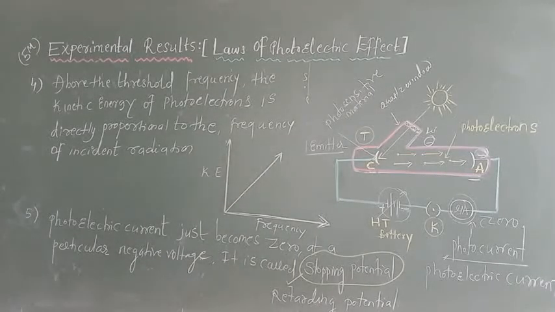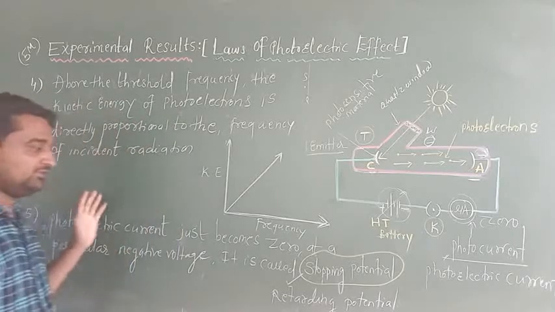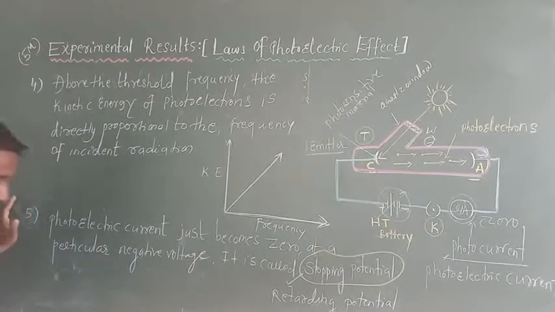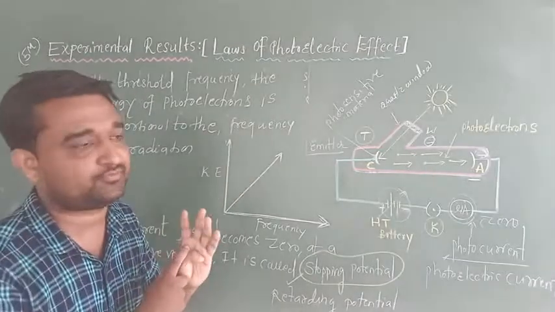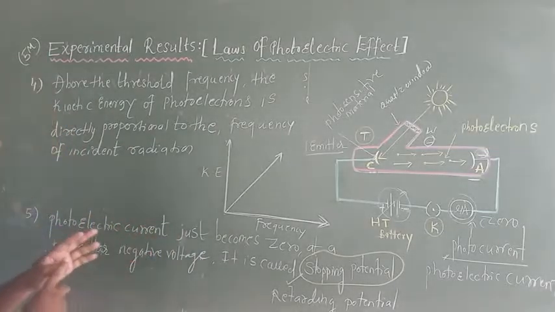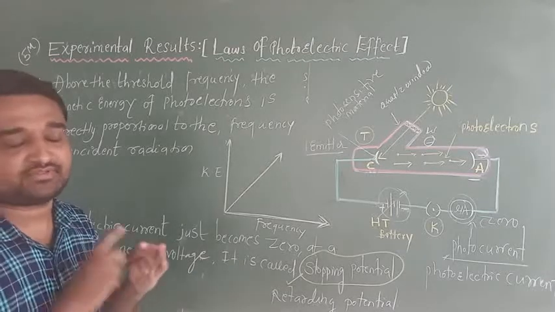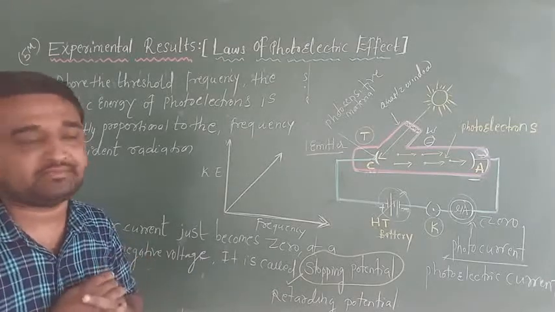So with all this, the discussion of the experimental results of the laws of photoelectric effect, these are the five important results we have discussed here. The first one is that the photoelectric effect is an instantaneous process. The second one is about the threshold frequency, which is required for photoelectric emission.